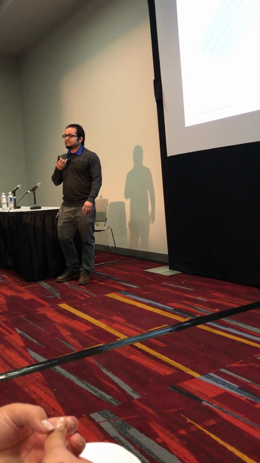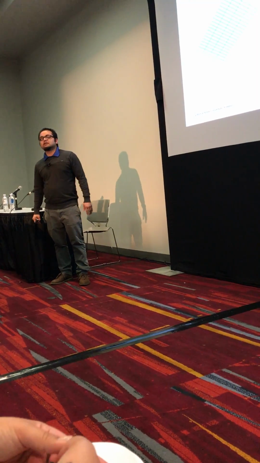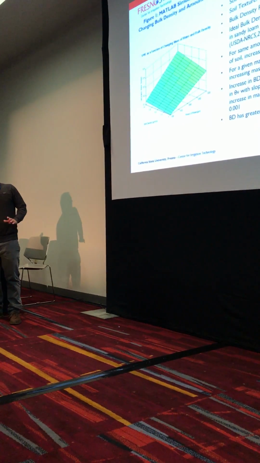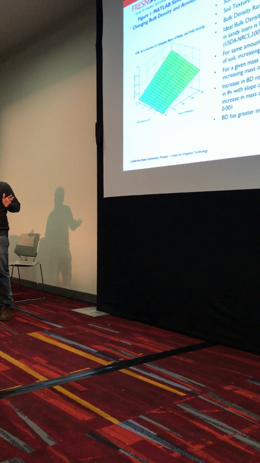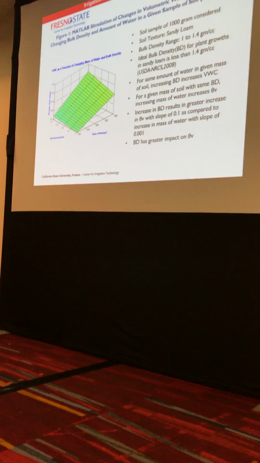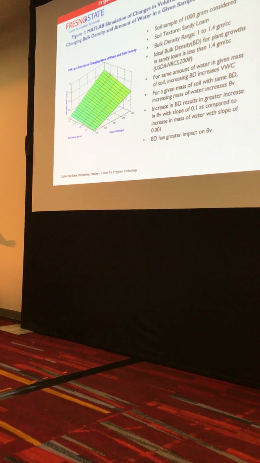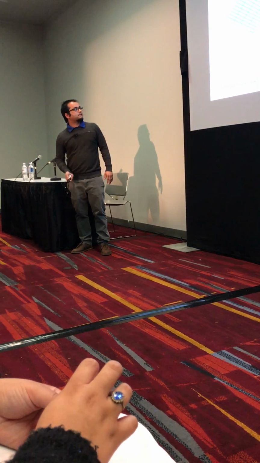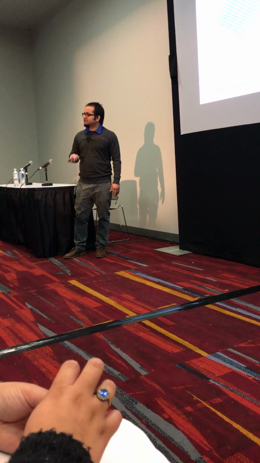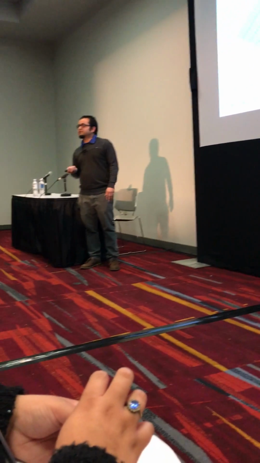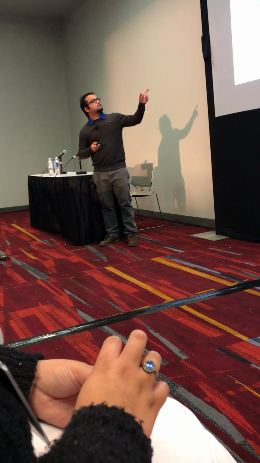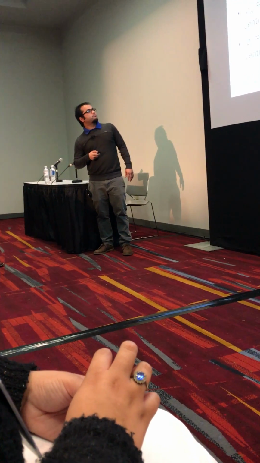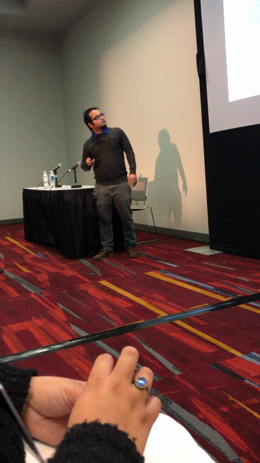This is a MATLAB plot, a simulation of how bulk density can affect the volumetric water content measured by soil moisture sensors. On the x-axis, we have the mass of water in grams, on the y-axis the bulk density in grams per cubic centimeter, and the z-axis represents the volumetric water content, which is based on equation number 1.